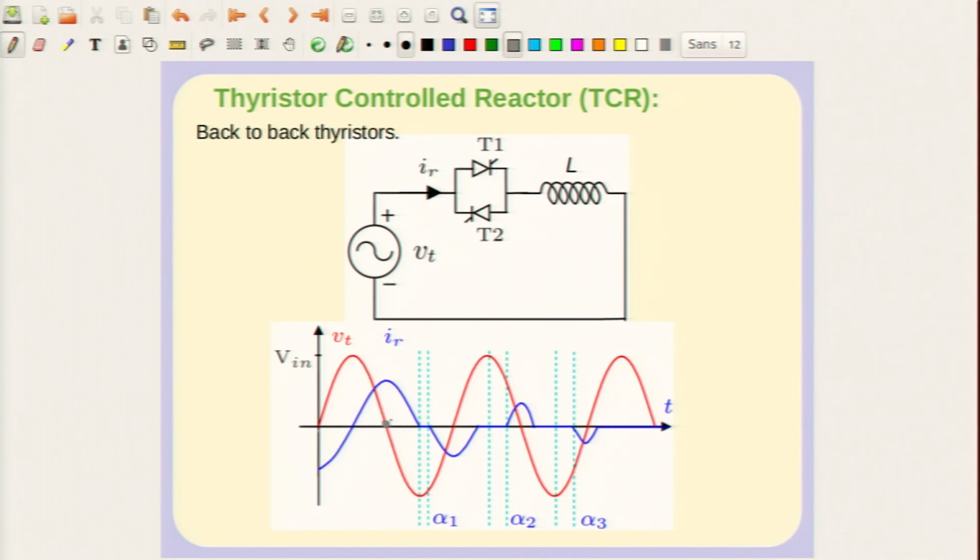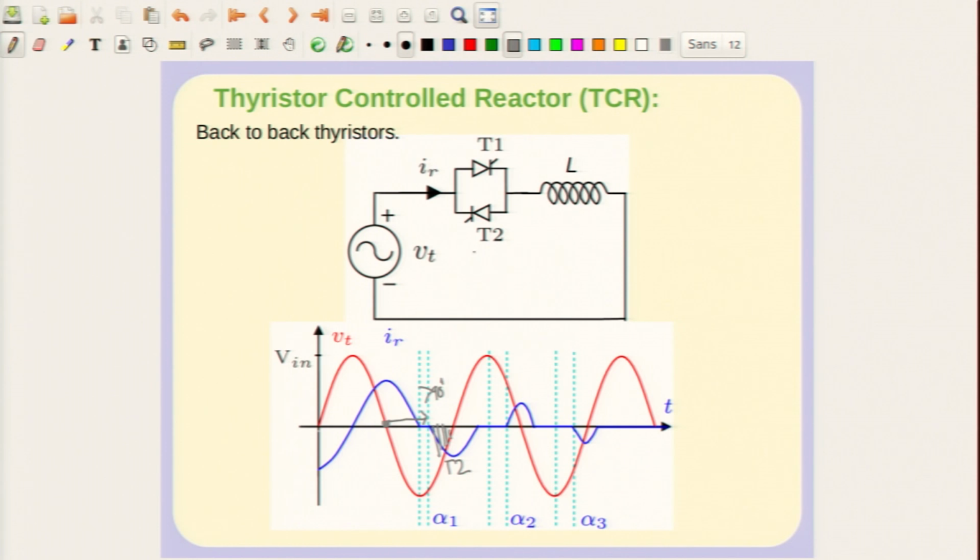Now, what I am doing is firing thyristor T1 at something greater than 90 degrees from this voltage zero point. If you integrate the voltage, you will get a current which is this. Because the voltage is negative, the current will decrease, and actually thyristor T2 will switch on.